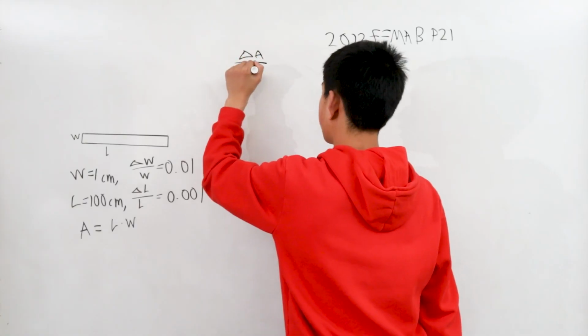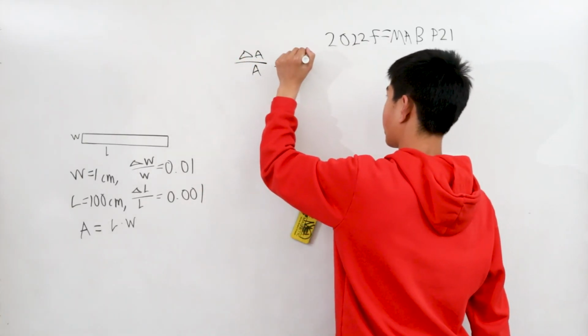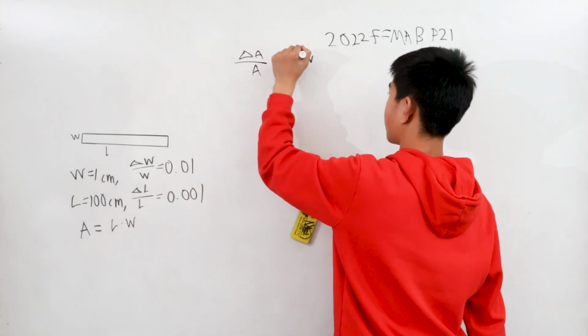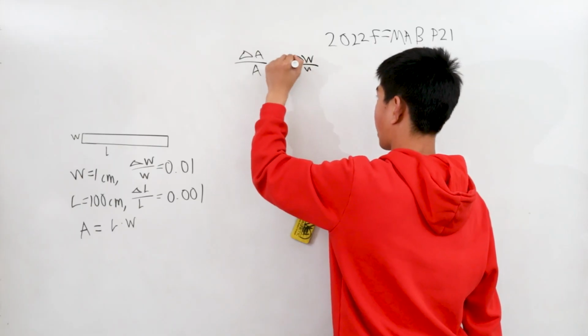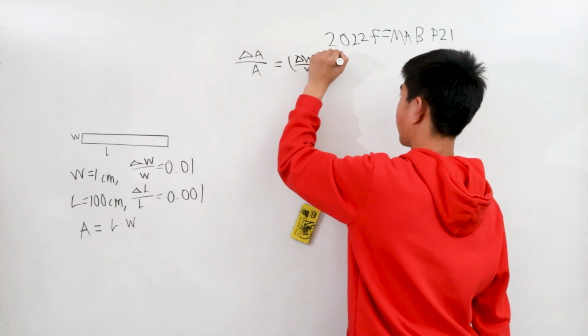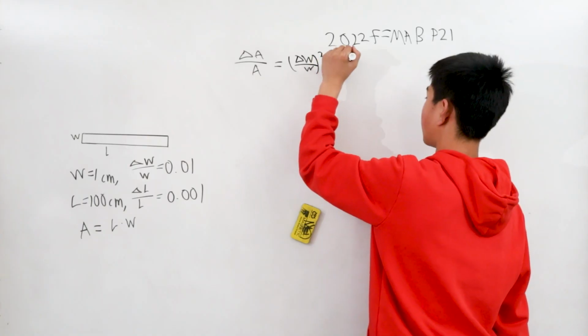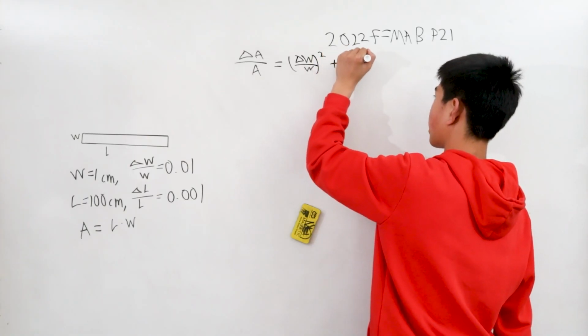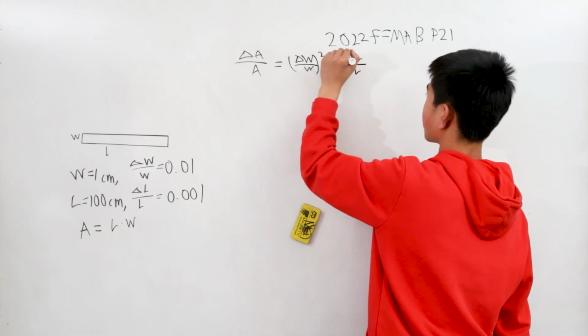Basically we do this to find the uncertainty because this is how you add the two together. It's going to be a very small number, so you can just roughly estimate.